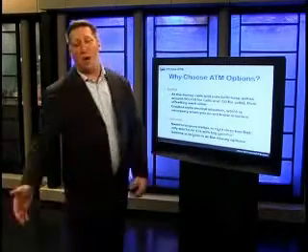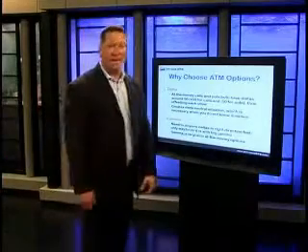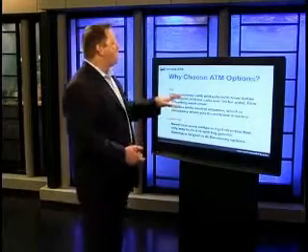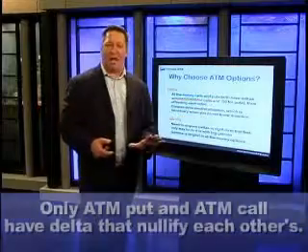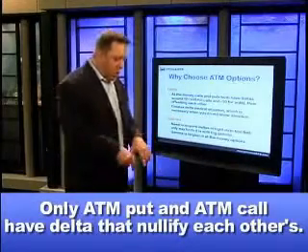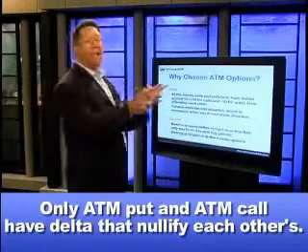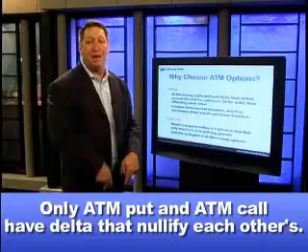If we look the other way, same situation. The put will be in the money, the call will be out of the money. Again, no delta nullification. So the only strike that has both a 50 delta call and a 50 delta put, which you need to become delta neutral, is the at the money.